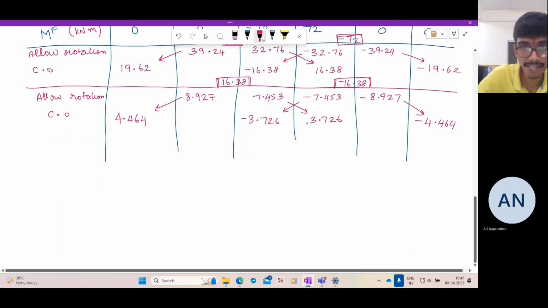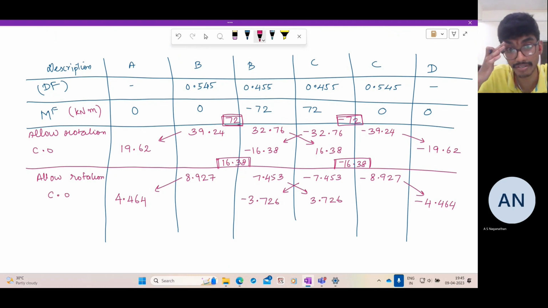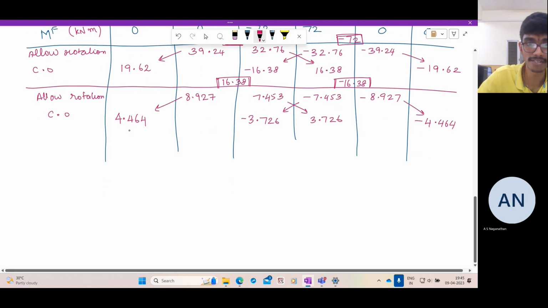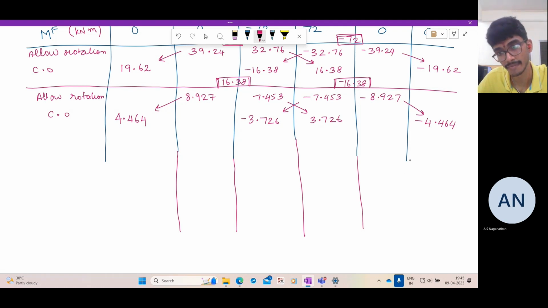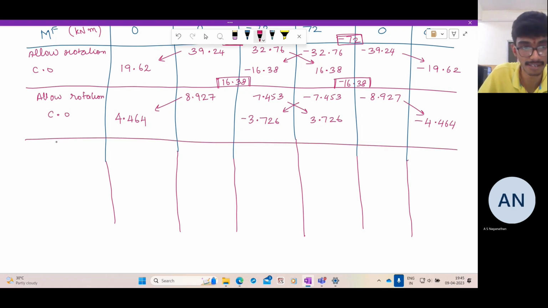So you can see that the imbalance in the joint moment is reducing from 72 to only 3.726 in this case. So it is drastically reducing. Once it reduces to a very small value, such that it doesn't matter for engineering applications, then you can stop these iterations. In successive steps, this will reduce very much, as you can see.